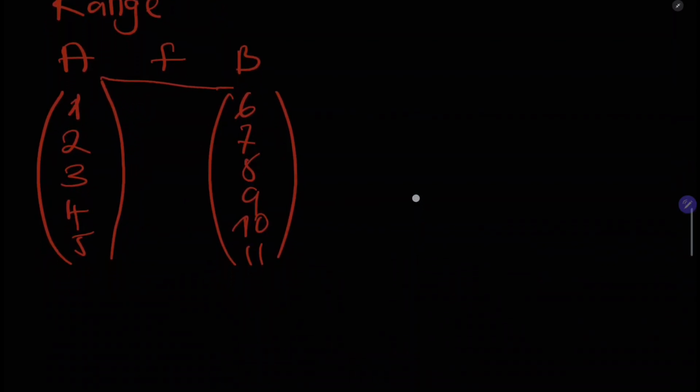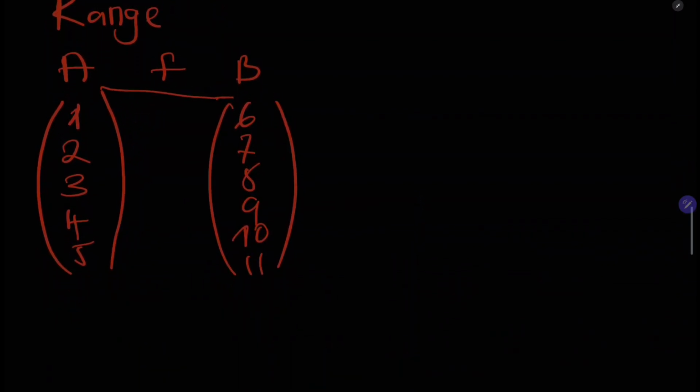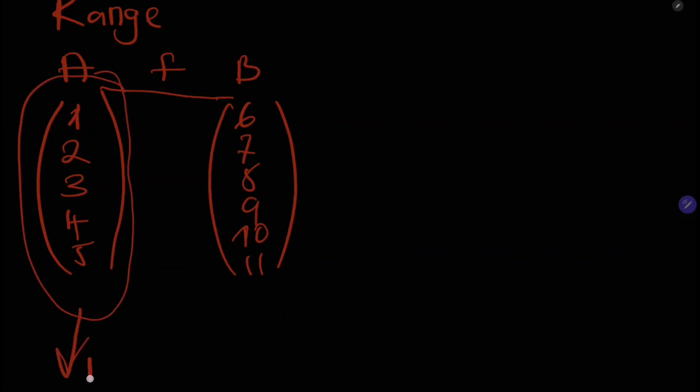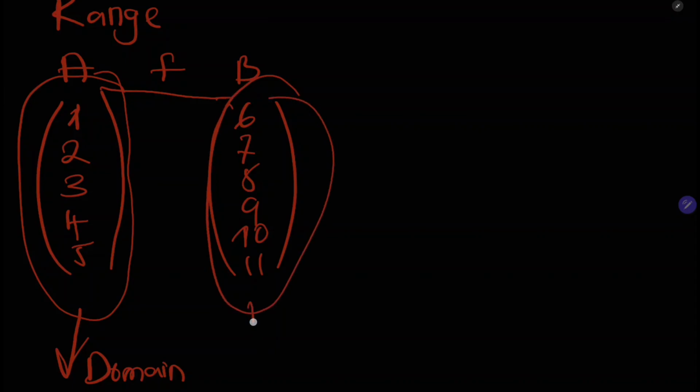So here the domain are the possible inputs. Domain are the inputs. So this is the domain. The codomain are all the possible outputs. So here is the codomain.